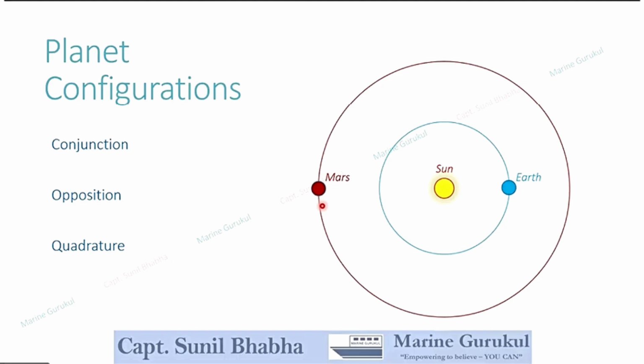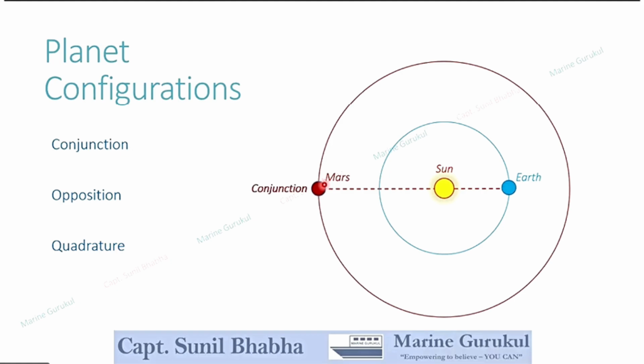respect to the sun. Like for example, right now when you see in the diagram, you can see that for an observer on the Earth, the sun as well as the planet Mars are in the same direction. Both the sun and planet Mars are in the same direction.